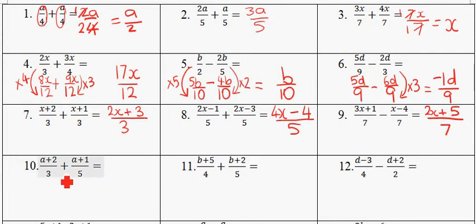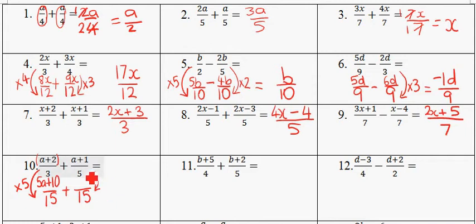Number 10, of course this time we'll need to find a common denominator of 15ths. First fraction we need to times top and bottom by 5 to get 15ths, so be careful with the numerator. We need to times both terms by 5. 5a plus 5 times 2 is 10.